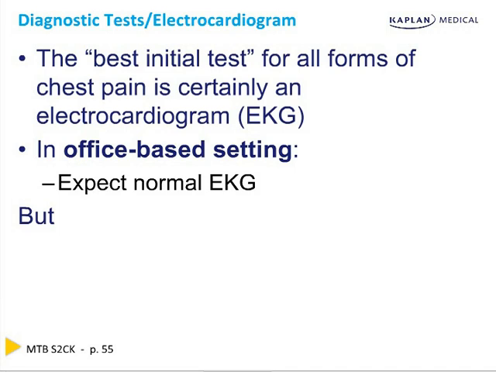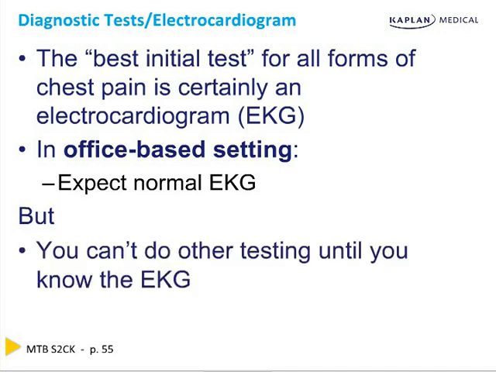But you must get the EKG first in all the chest pain cases, because you can't do the other tests without the EKG. You don't know whether to do a regular stress test or stress thallium. You don't know whether there's a left bundle that makes a stress test unreadable.